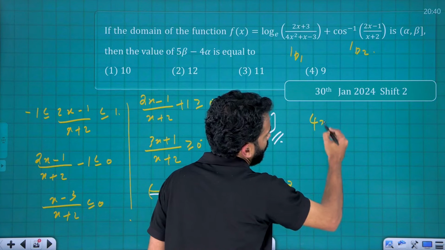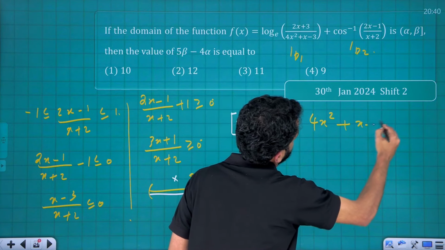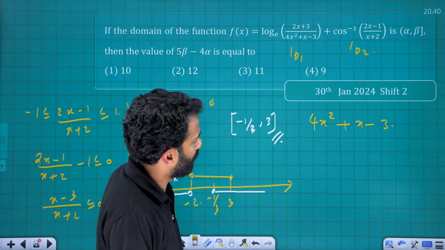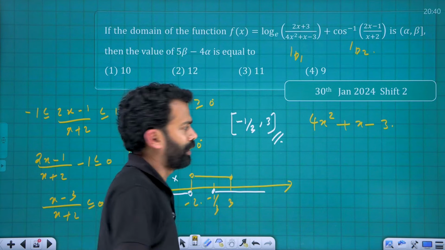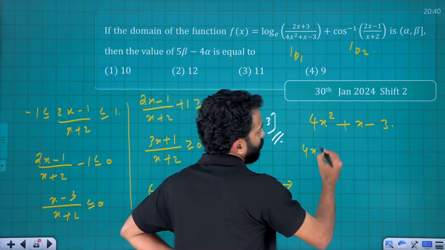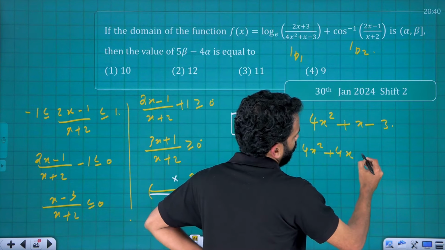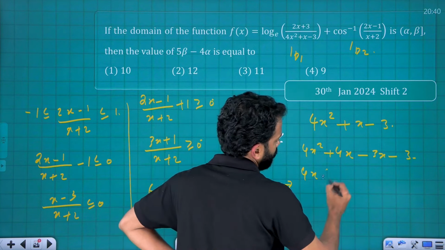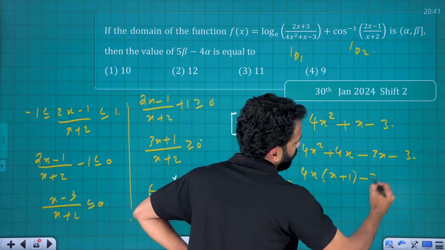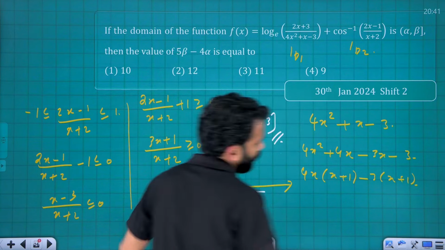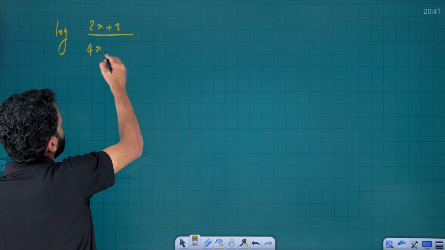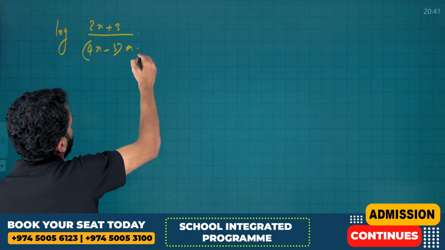I think we can factorize that. 4x square plus x minus 3, that is minus 12x square, 4 and 3, right? That is 4x square plus 4x minus 3x minus 3, that is 4x into (x plus 1) minus 3 into (x plus 1), (4x minus 3) into (x plus 1), okay.